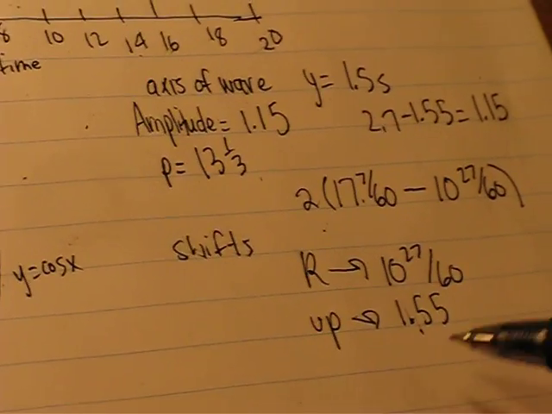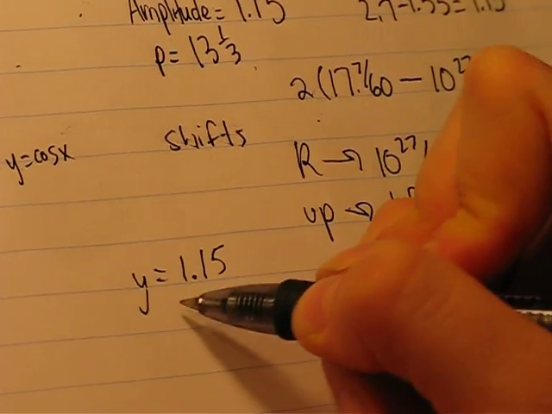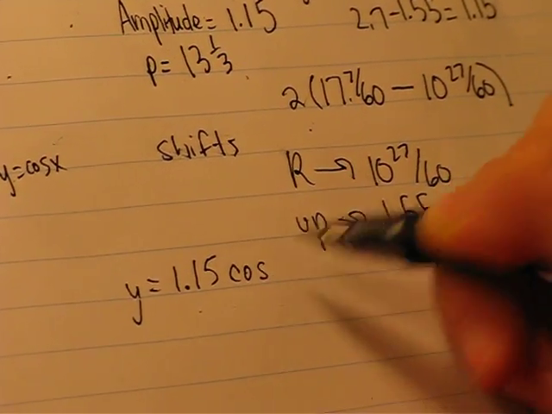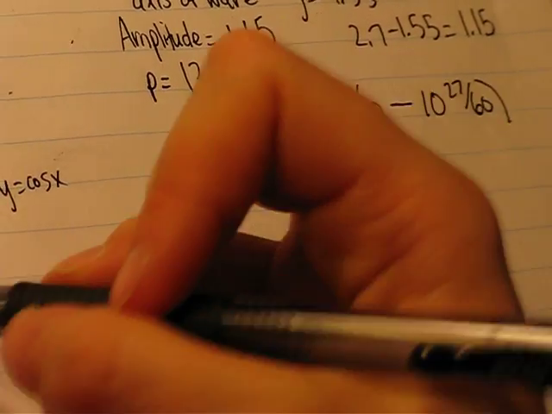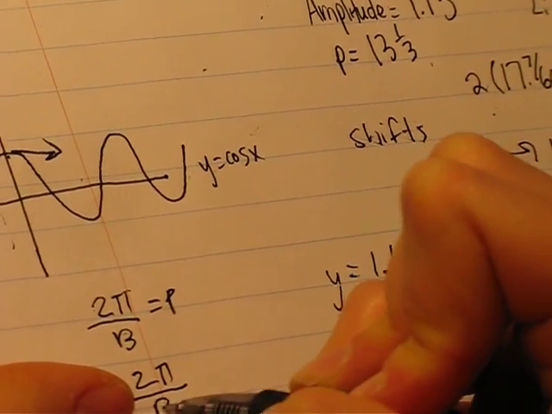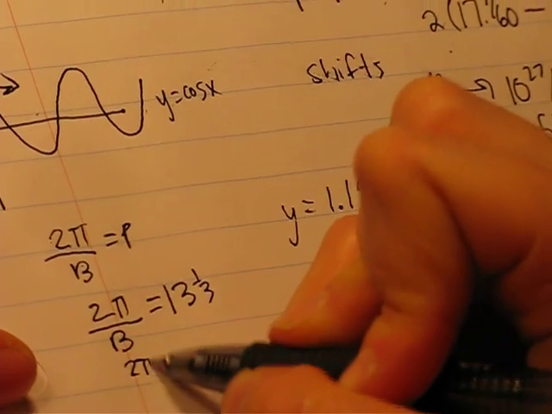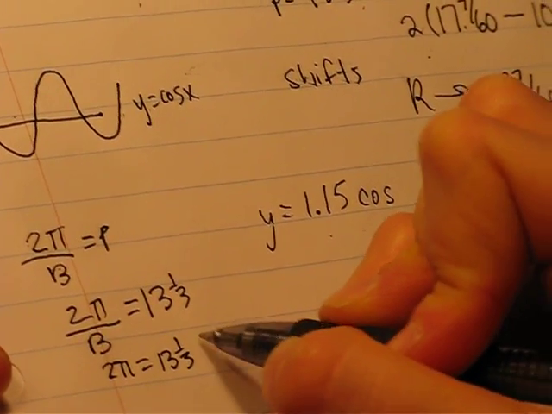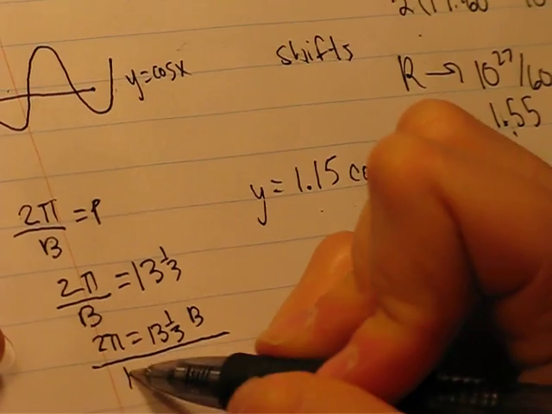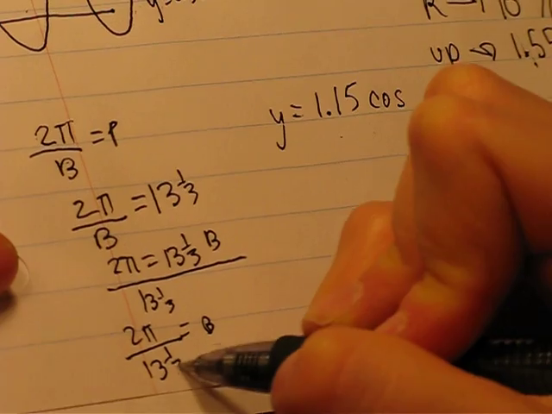Now we can fill in all of our values. We have y equals 1.15, the amplitude, times the cosine of b, and we know what b is because we know that 2 pi over b equals p. We have 2 pi, we do not have b, but we do have the period, which is 13 and 1/3. So now we solve this equation to get b. 2 pi equals 13 and 1/3 times b, and we divide that by 13 and 1/3, and b is 2 pi over 13 and 1/3.